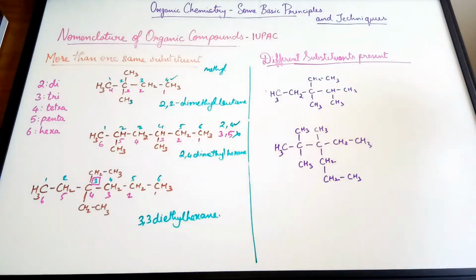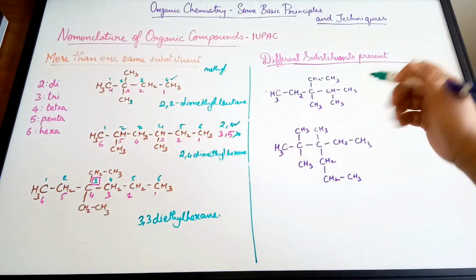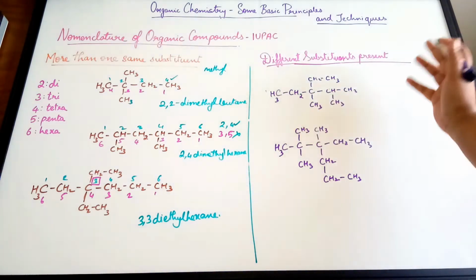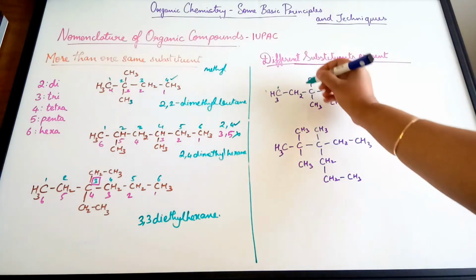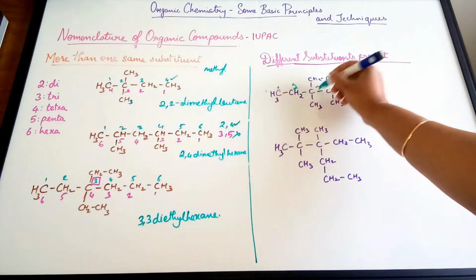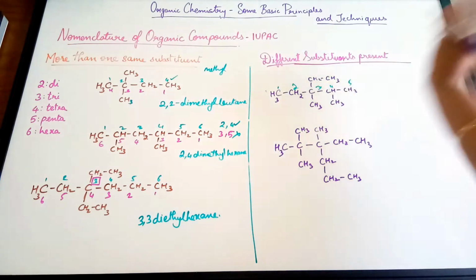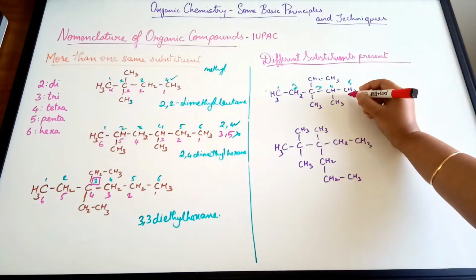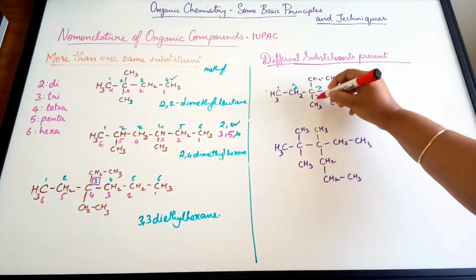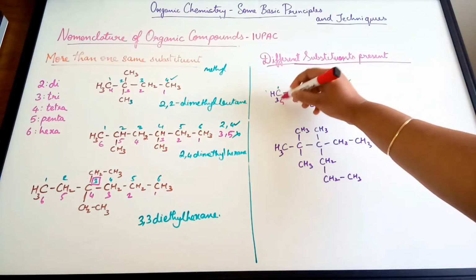So they have an equal number of substituents, so it does not matter which one you pick. I'm picking this one because it's easier, since it's in one line. So this will be the first carbon, the second, the third, fourth and the fifth. Similarly, we will also consider the numbering from right to left. So 1, 2, 3, 4 and 5.